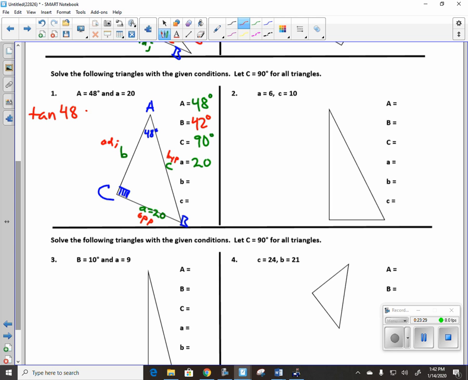Tangent of 48 is 20 over B. Cross multiply, you get 20 equals B tangent of 48.